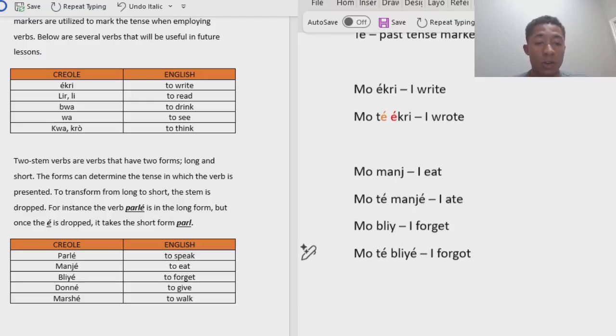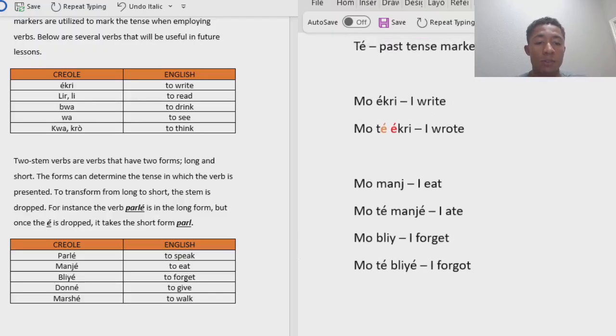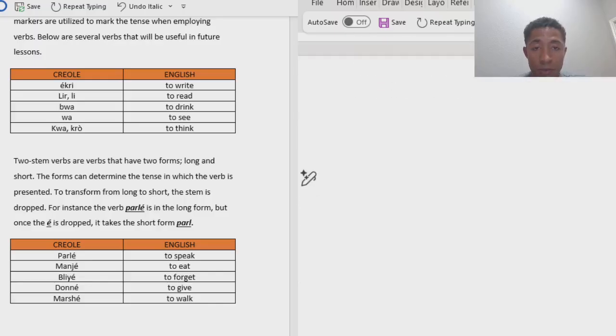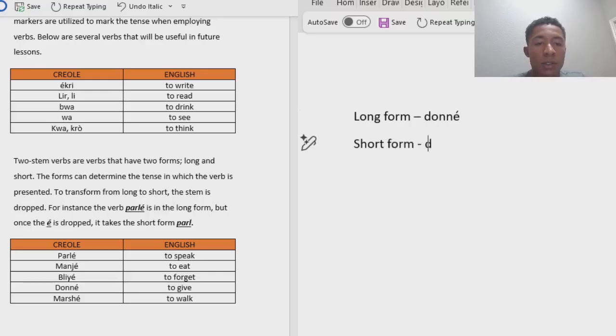Now, going on to what I said about the long form and the short form. Some folks prefer the short form, some folks prefer the long form. Not firm, but form. I'm doing that Louisiana thing where we make all the ORs the ER, like pernt and orange. But, so for instance, take the long form of donner, and then take the short form, don.